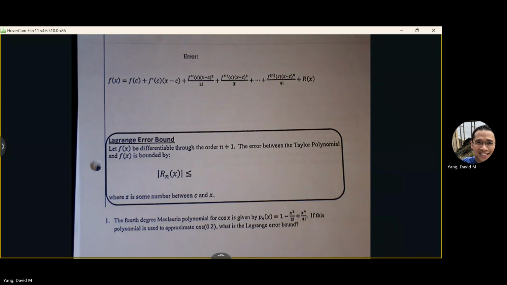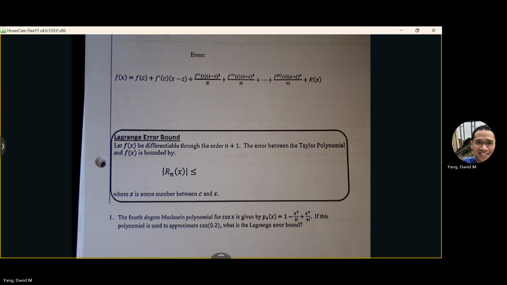So the error bound, the remainder, is technically the difference between the actual function and the polynomial version. Give you guys a minute to copy that down.